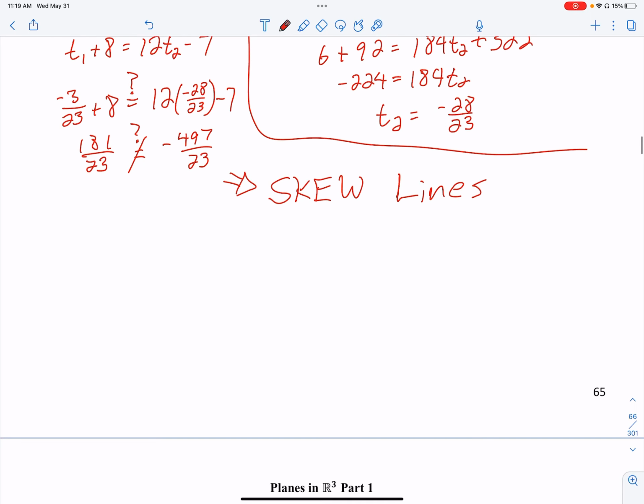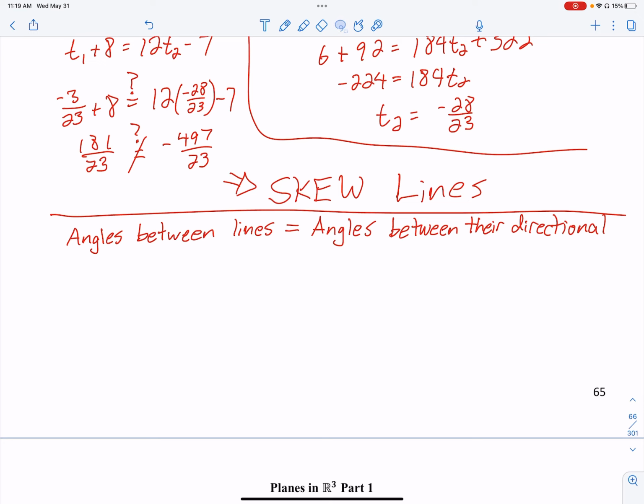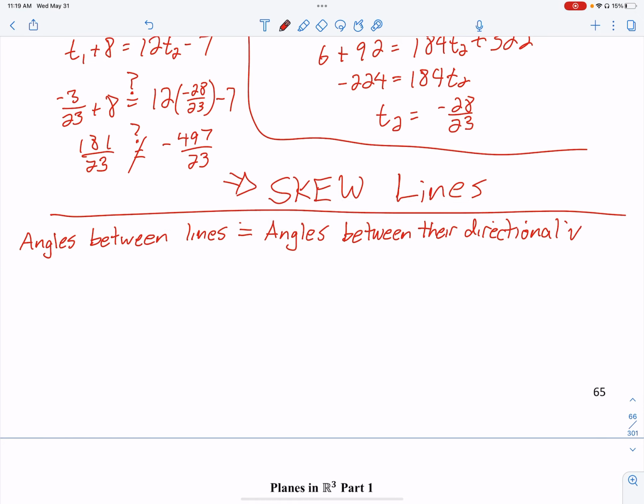So let's write some notes here. Angles between lines is the same thing as angles between their directional vectors.